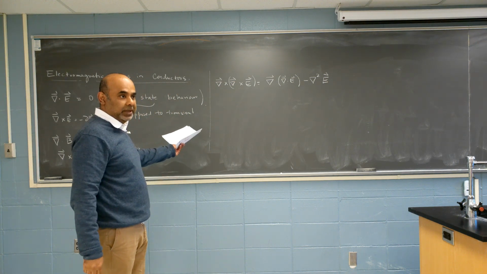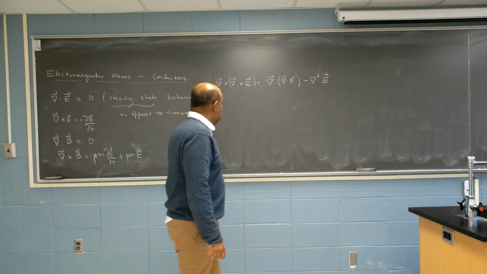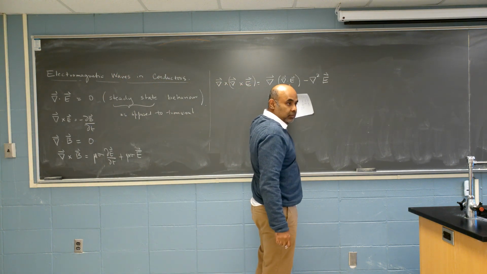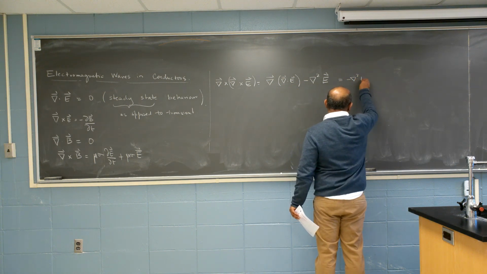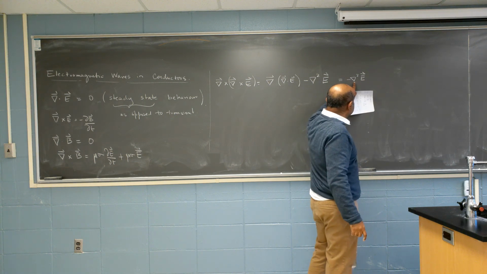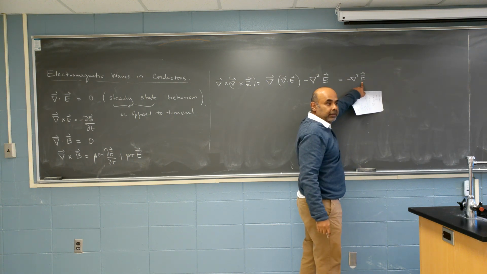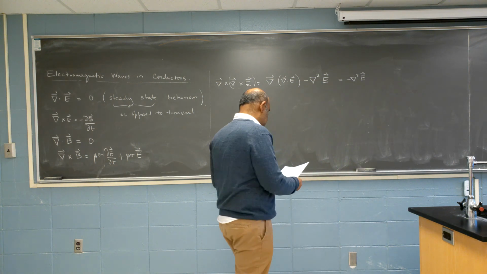You just put E in from the inside cover, and that's what you would get. Fine, but the divergence term is zero. So I would get a negative Laplacian of E, where I'm taking the Laplacian of each component of E: the X component, Y component, and the Z component.